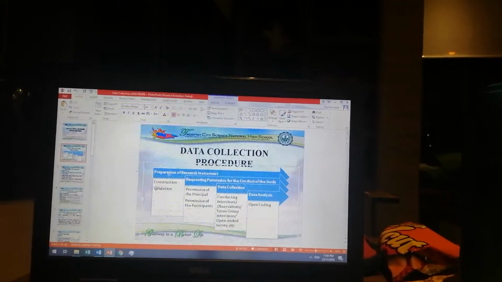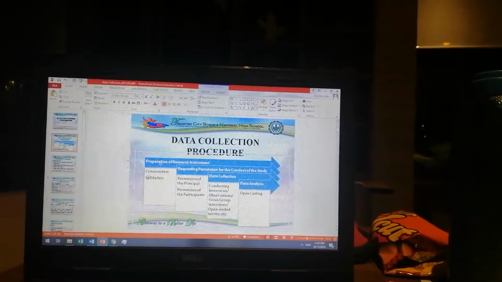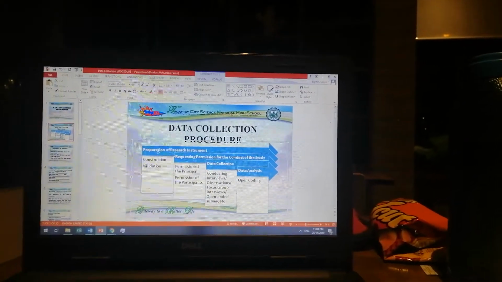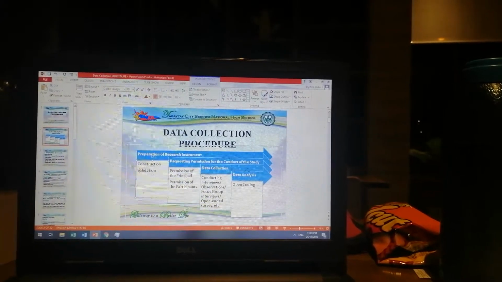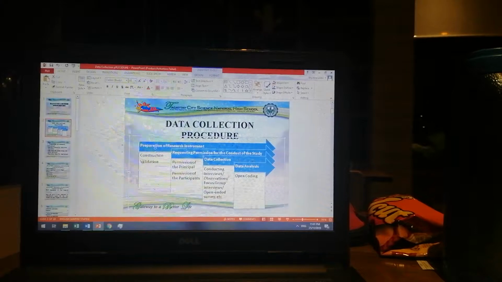For example, your population, target population or target participants are HUME students. So you have to try out your survey to STEM students because they have the same characteristics as HUME students, but they are not within your population.